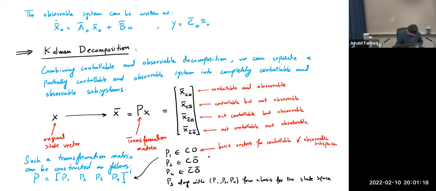And CO bar, which is kind of C intersection O bar, it's the basis for the controllable but unobservable subspace.